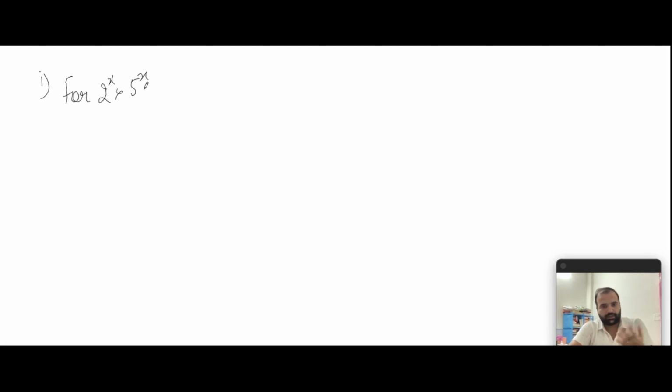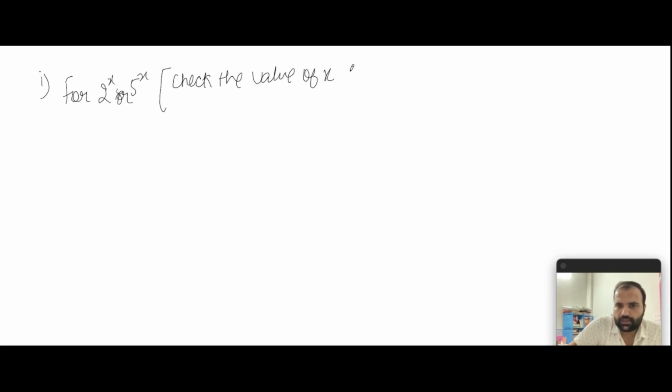It just means "or". Let me write it. So we can write it: just check the value of x and account accordingly. Observe the numerator.